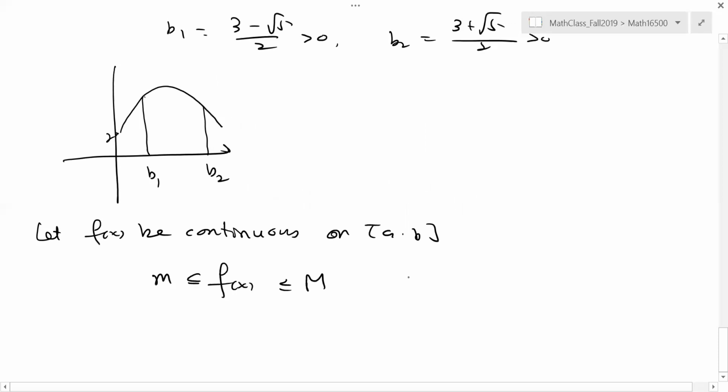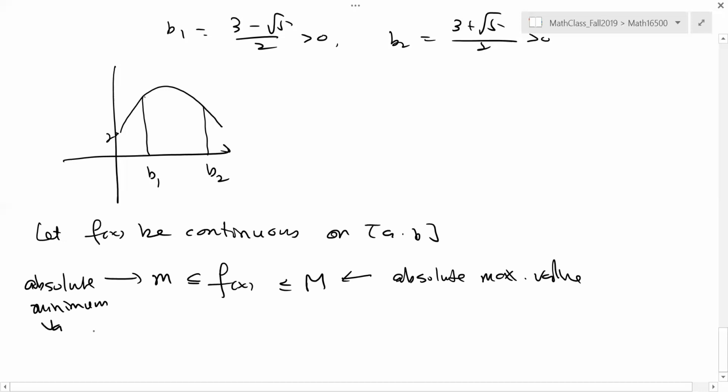This is the absolute maximum value somewhere, and this is the absolute minimum value. So the function is between these two numbers, right?